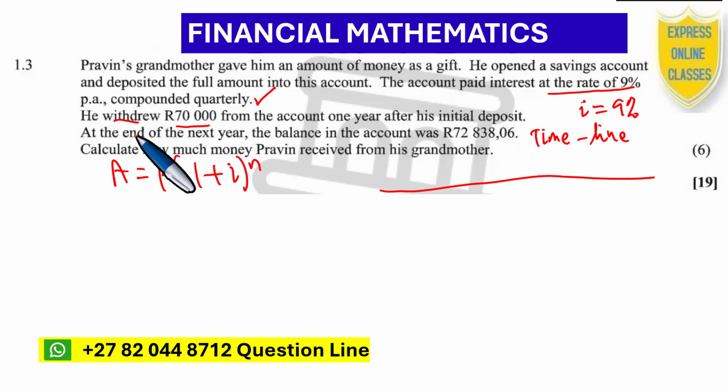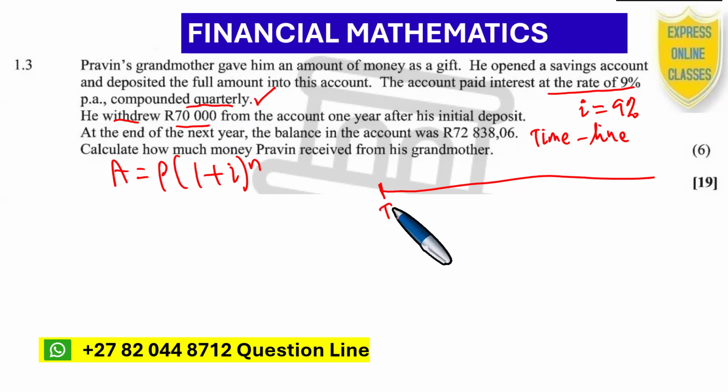The account paid interest at the rate of 9% per annum compounded quarterly. He withdrew 70,000 rand from the account 1 year after his initial deposit. Okay, now, this is the story.